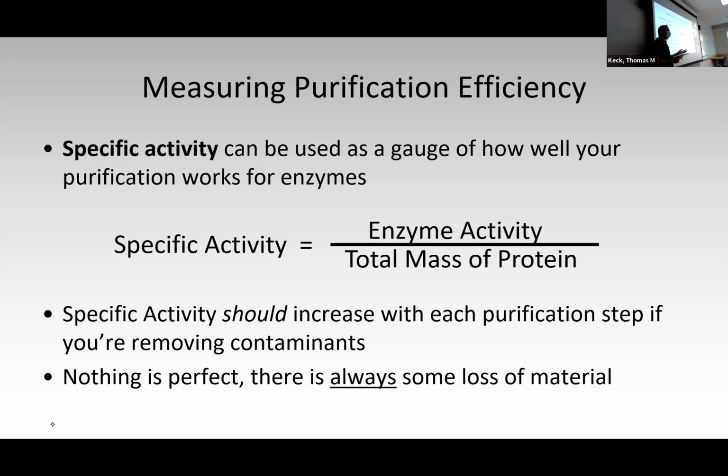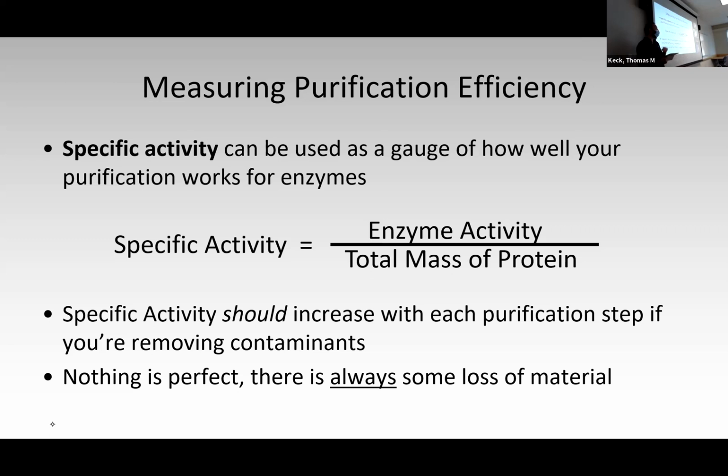Most proteins aren't red. It might be hard to find a particular wavelength that is particular to them, right? If it's an enzyme, you can actually measure enzyme activity. You can take a little bit of your sample each time and see it get more and more efficient at catalyzing a particular reaction. And that would be what we call specific activity.